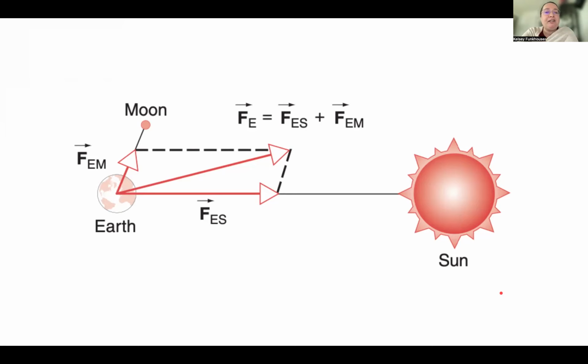We find the gravitational force between the Earth and the moon as though the sun isn't there. And then we find the force between the Earth and the sun as if the moon isn't there. And then we combine those forces via vector addition to find the total force acting. And this concept of superposition is something that's definitely going to come up in electricity and magnetism.